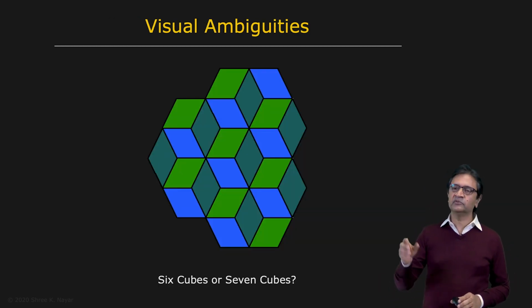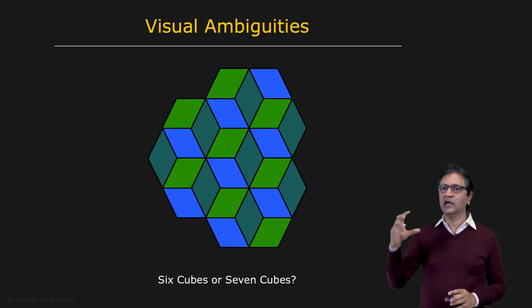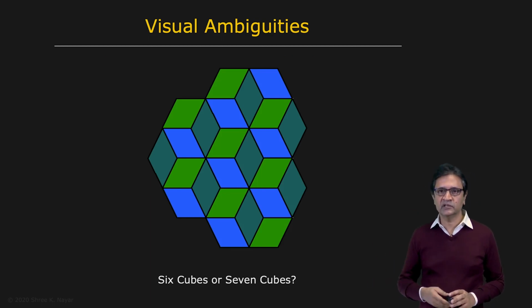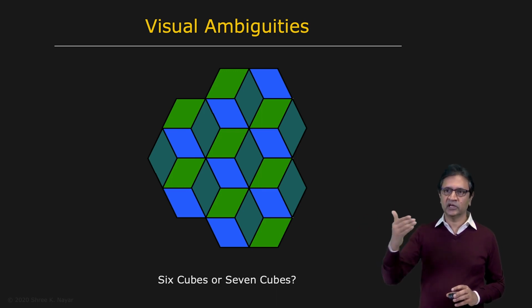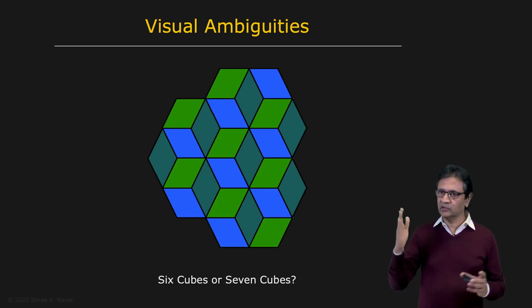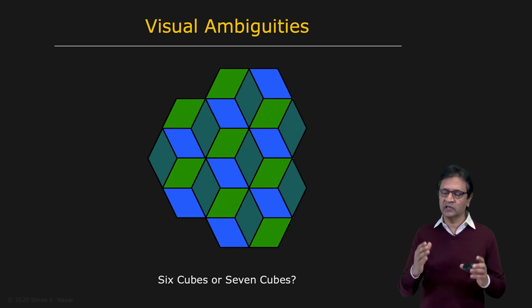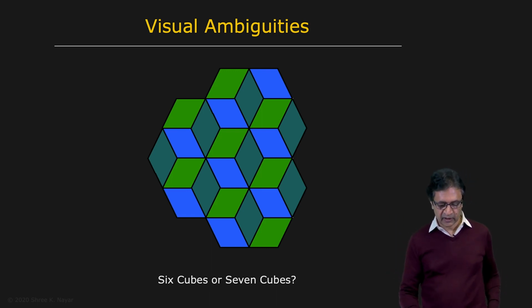And then there is a difference between illusions and ambiguity. And ambiguity arises from the fact that in vision you have a three-dimensional world that's being projected onto a two-dimensional image. So you're in some ways dropping one dimension, and this creates some fundamental ambiguities.